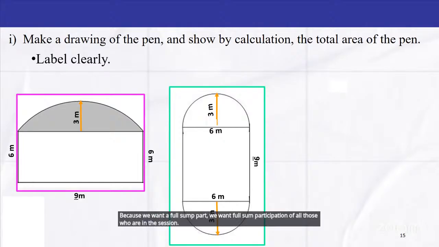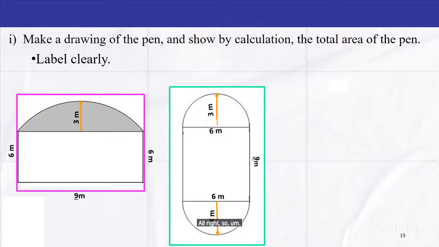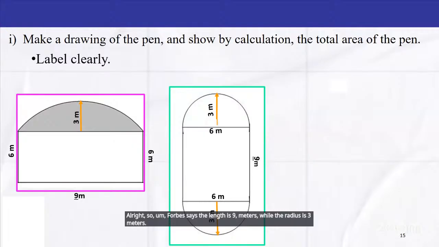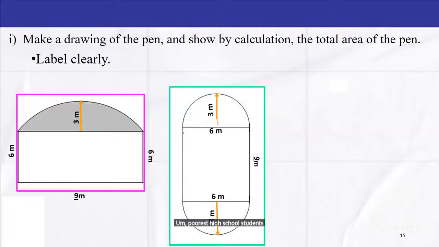All right, so Forbes says the length is 9 meters, while the radius is 3 meters. Forest High School student says in respect of the second diagram, the semicircle is attached to 2 ends instead of 1. Okay, thank you so very much. Somebody's paying attention. Thank you.